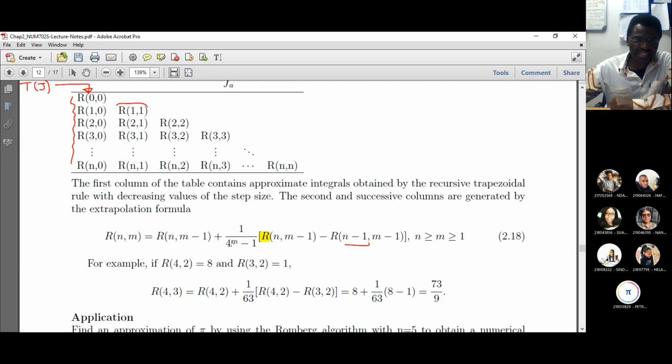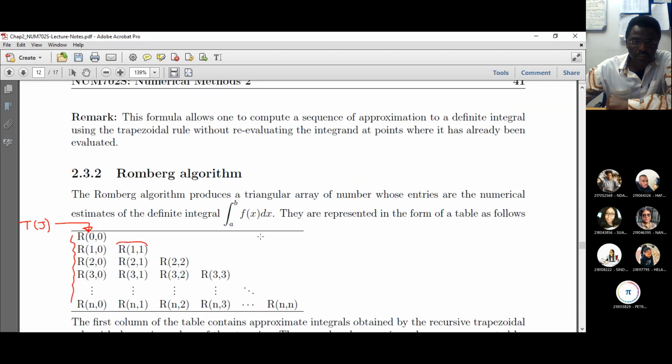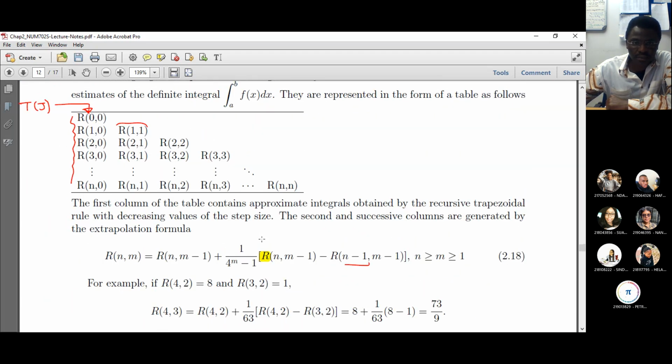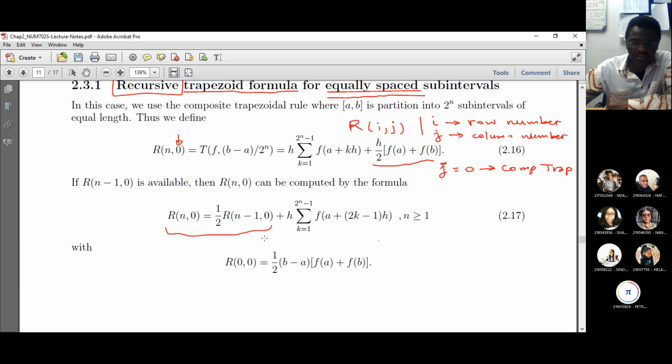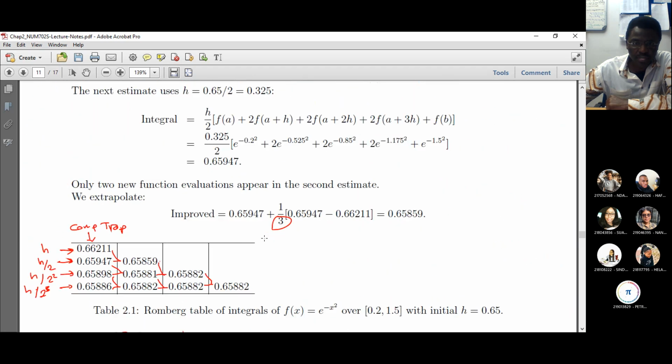But now, why are we getting 4 to the m instead of 2 to the m? Simply because we are halving. Anyway, let's put it in a better way.